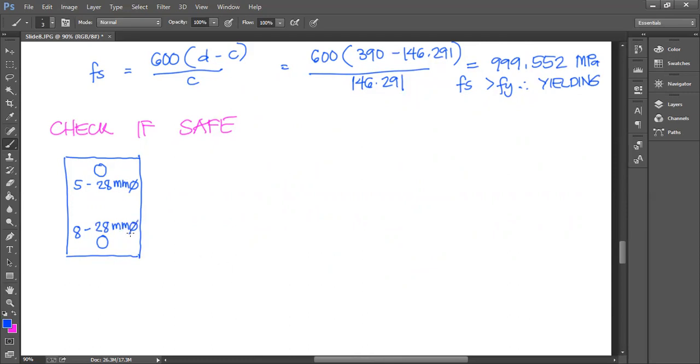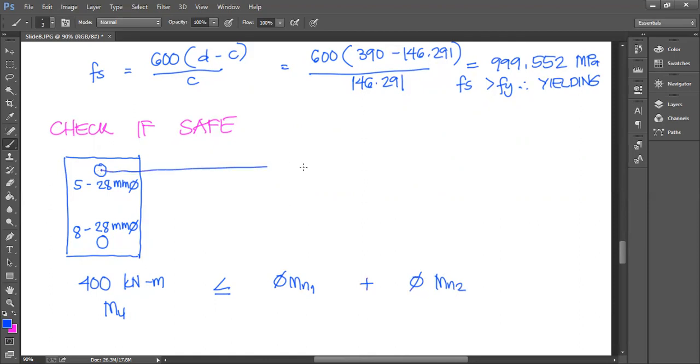Ngayon, saan natin gagawin to? Kung titingnan natin na safe yan, kailangan yung 400 kilonewton meter natin na ultimate moment capacity should be less than or equal to φMn1 plus φMn2.